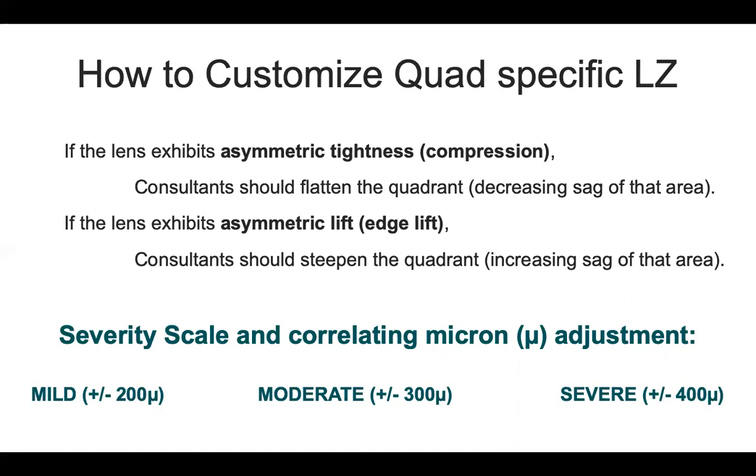Dependiendo de la cantidad que se necesite o de lo que uno encuentre en el cuadrante que se quiera modificar, vamos a utilizar una cierta escala para hacer estos ajustes. En una zona bastante suave vamos a necesitar nada más 200 micrones. En una zona moderada vamos a requerir hasta 300 micrones y en la más severa podríamos requerir más o menos 400 micrones.